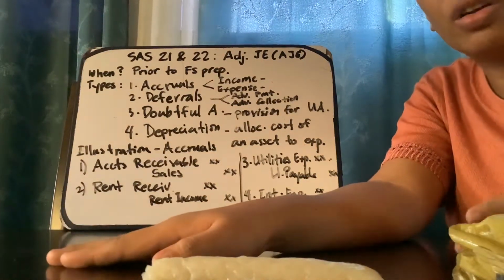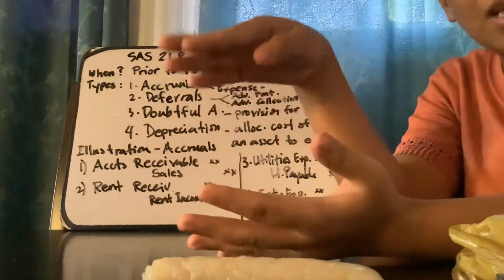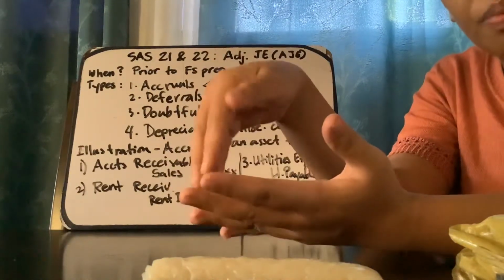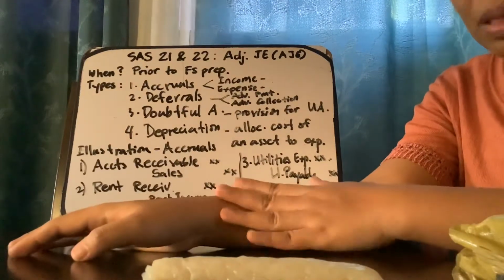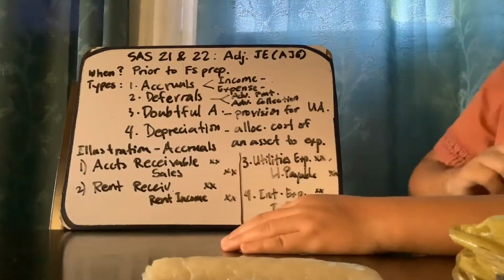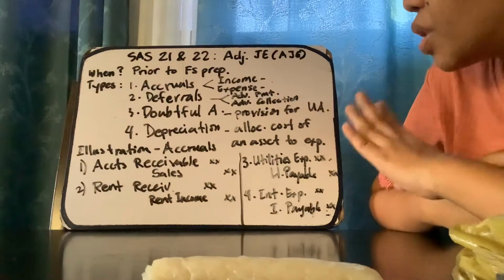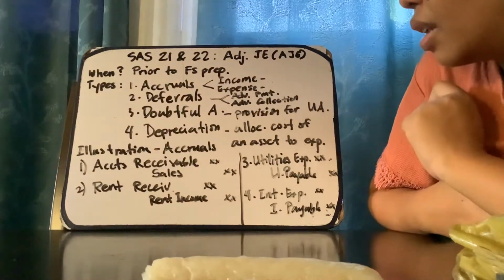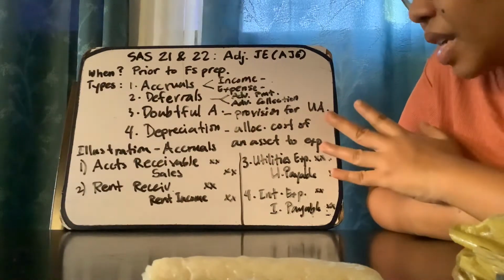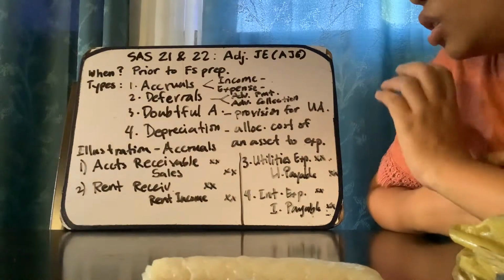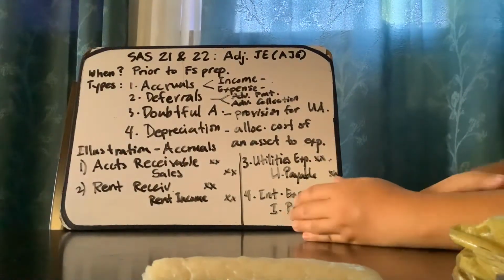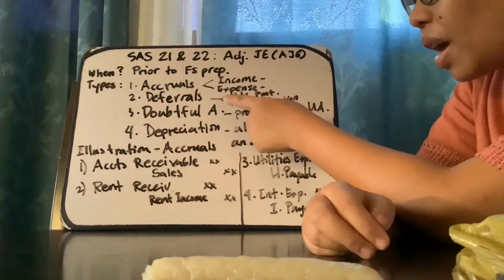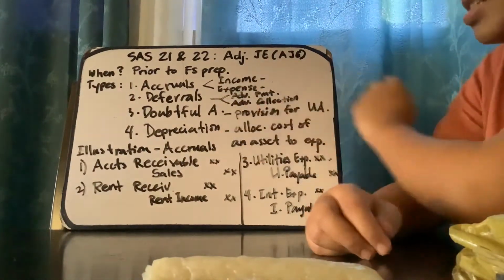It will consider all unrecorded expenses and income prior to completing your financial statement. Now, there are 4 types of entries, classification of adjusting journal entries that we need to learn. We have accruals, deferrals, doubtful accounts, and depreciation.